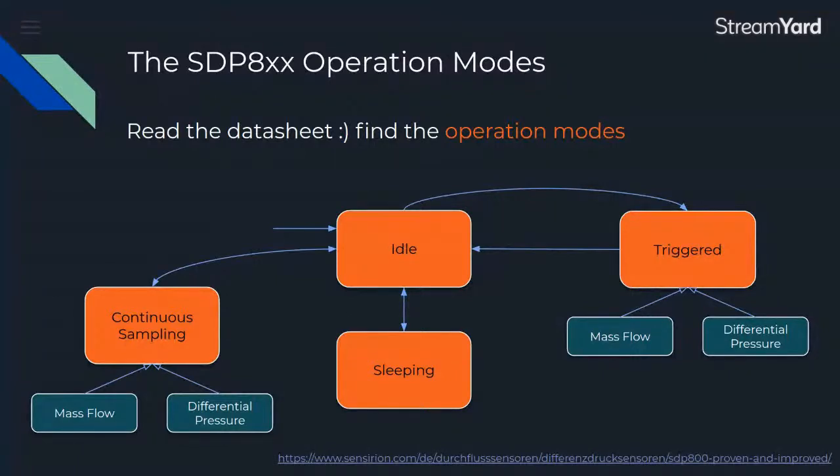It can be triggered to measure in one of 2 different modes and will immediately return back to idle, or it can go into a state where it is continuously sampling on a given interval, also with the same 2 options. This state can only be exited by going back to idle.